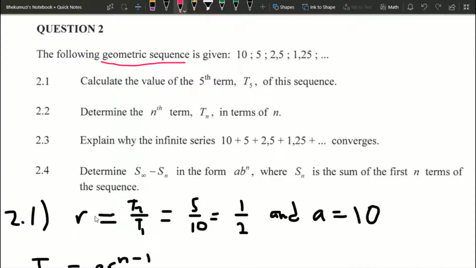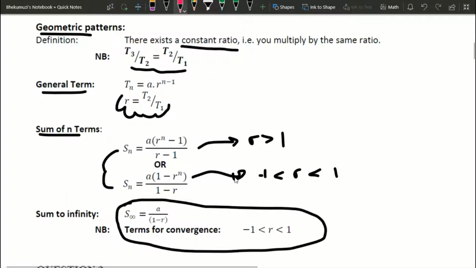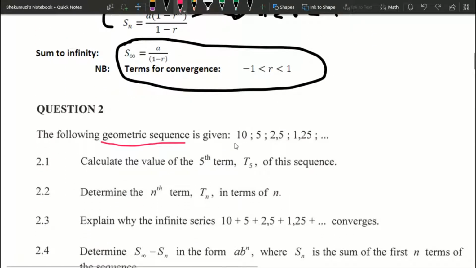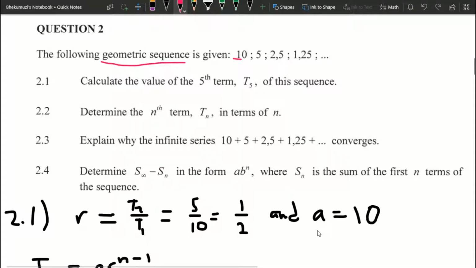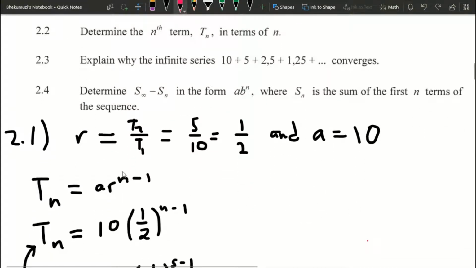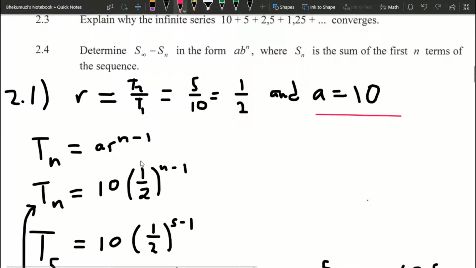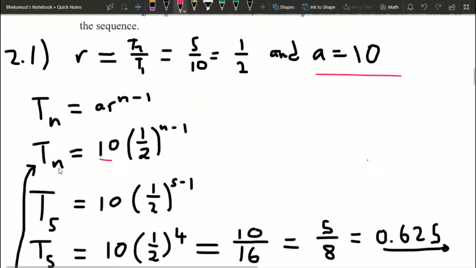So r is half, and we know that the general term of the geometric sequence is Tn = a times r to the power n minus 1. So we need a, and we know that a signifies the first term. So the first term here is 10. So we have half as r and 10 as a, and then we just plug into the formula. We write down the formula first, then you plug in your 10 and your half, and then you have your general nth term, right?